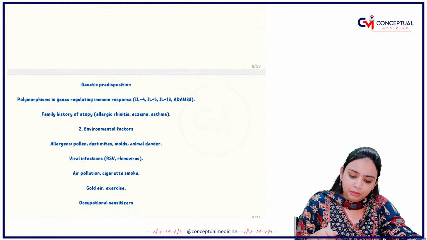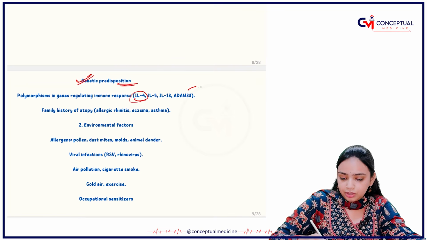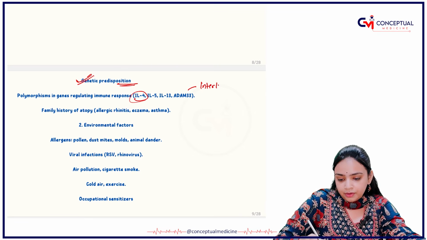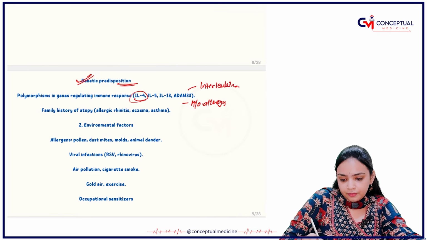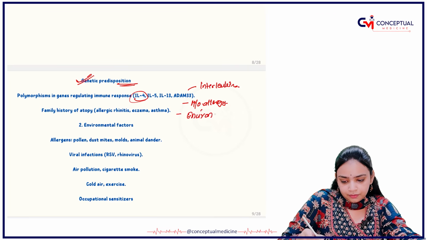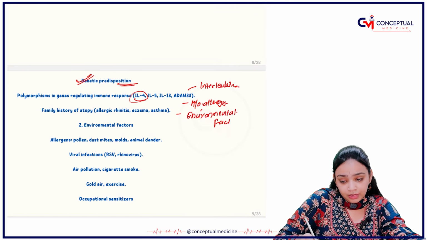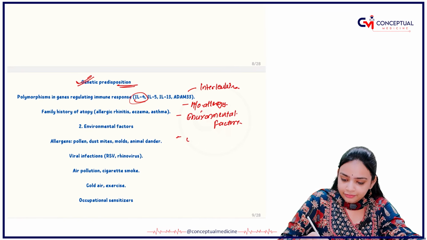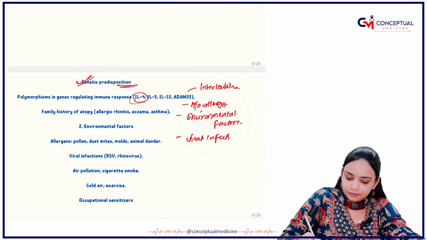What are the epidemiology and the risk factors? You have the genetic predisposition, like the interleukins, then you have the family history of allergy. Environmental factors. Next, viral infection.